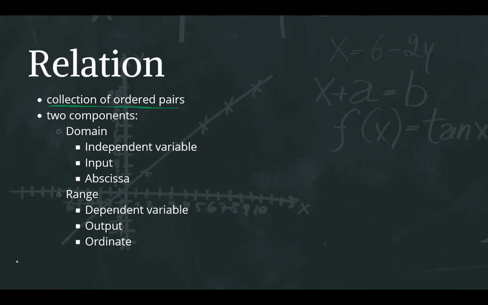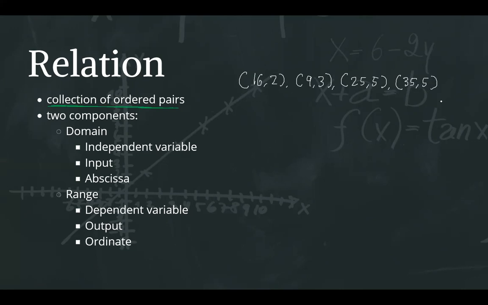Before that, let me copy the ordered pairs from earlier. First, we have 16, 2, 9, 3, then 25, 5, and 35, 5. There we go.